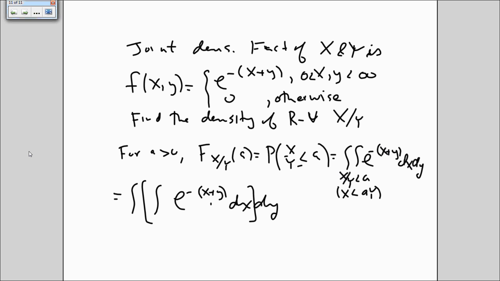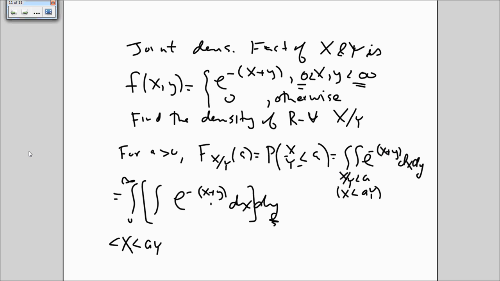So the outer integral, its limit should be y. And y goes from 0 to infinity. But now what does x go from? Now we know that x must be less than or equal to ay.